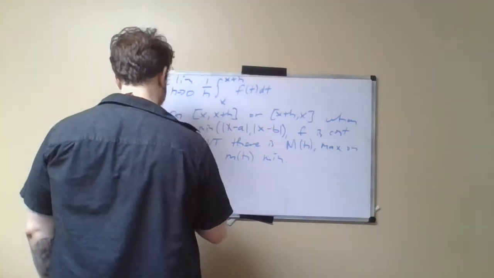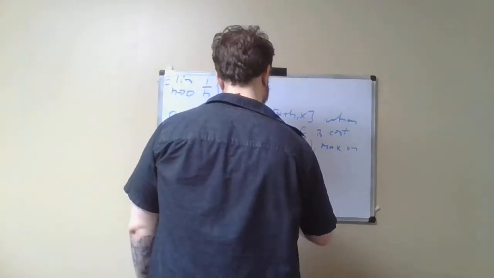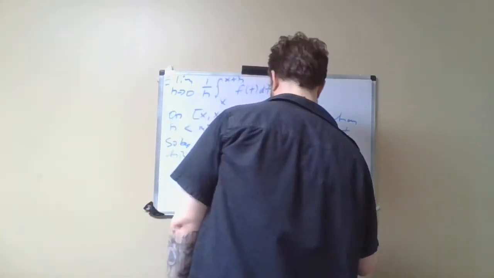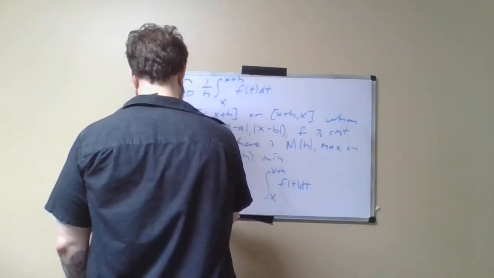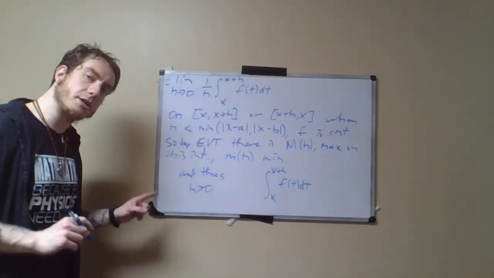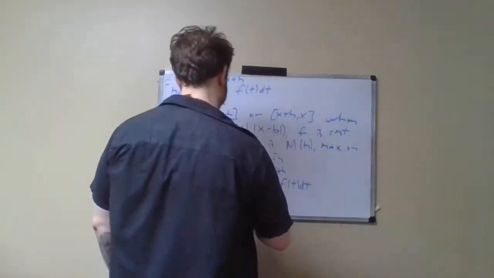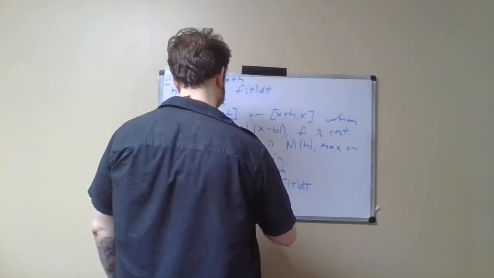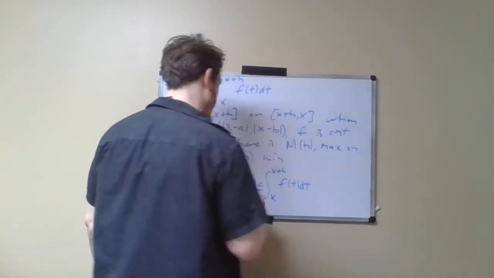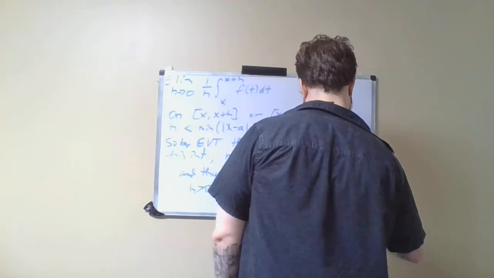on this interval, the integral from x to x plus h, f of t dt, if we assume here that h is bigger than 0 (if h is less than 0, the same argument is going to apply, but all the signs are going to be flipped around), we're going to have that h times little m of h is less than or equal to this integral, which is less than or equal to h times capital M of h.